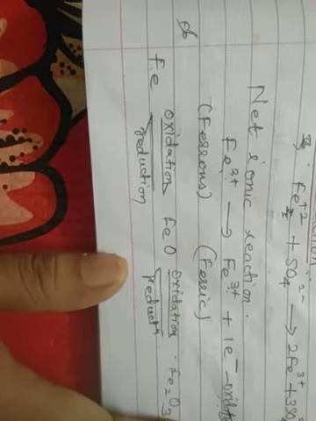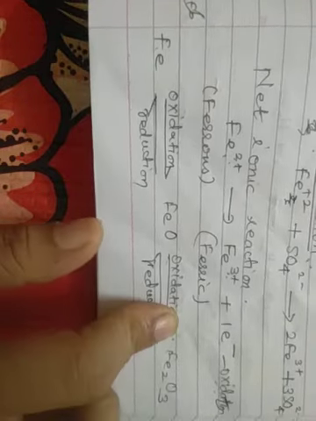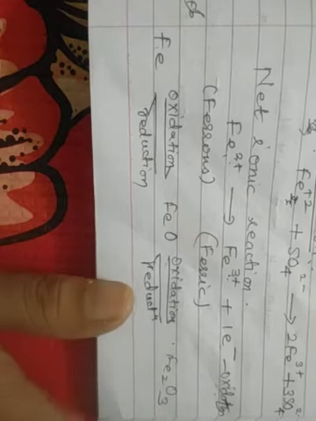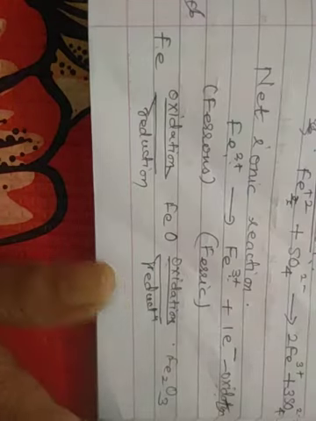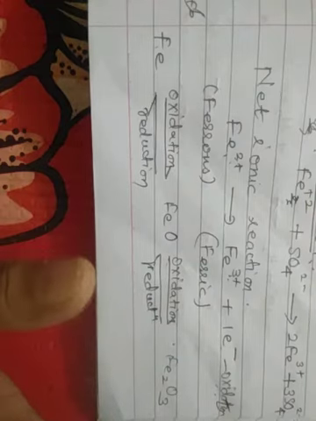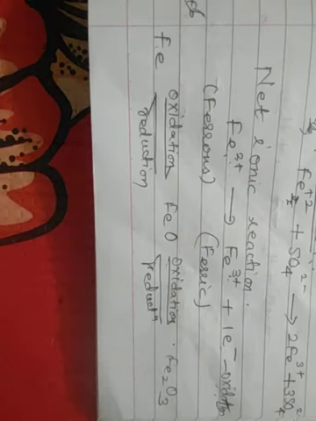So from here we understand a new definition of oxidation, which is nothing but oxidation means losing one or more electrons. So this is now the third definition of oxidation. The first one you have studied, that oxidation is nothing but combining with oxygen.